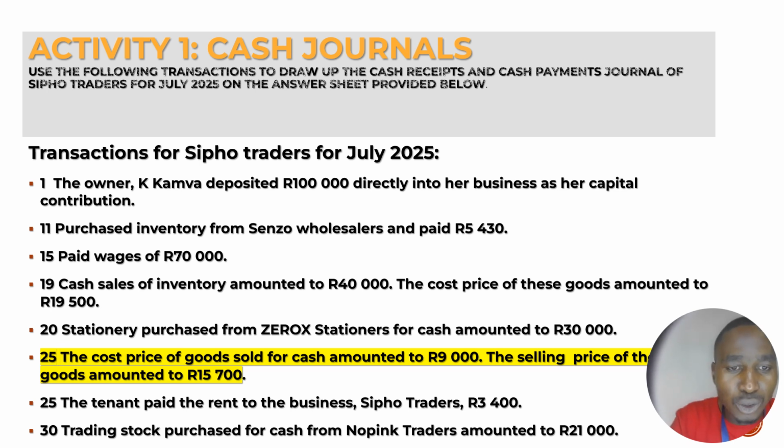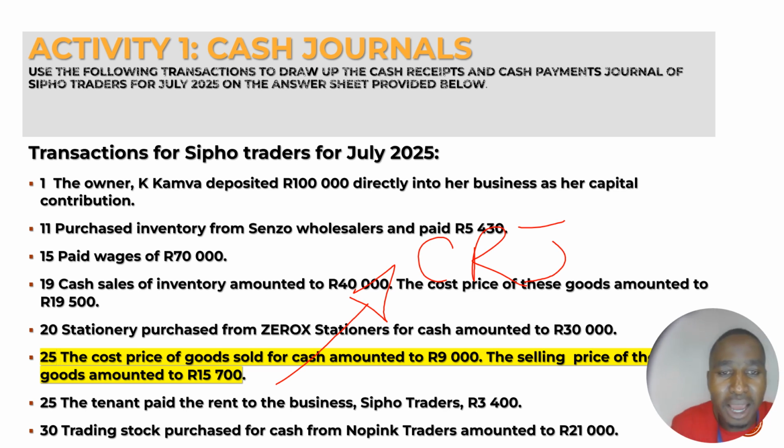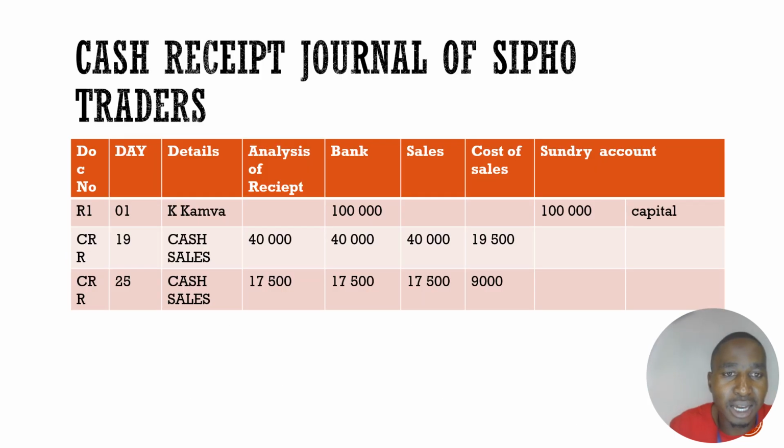So I said to you in the above transaction that we record cash sales always in the CRJ. So it means we'll record in the CRJ. And I said the accounts affected are bank and sales and cost of sales. And we write also under analysis of receipt. Now let's go and record that transaction in the CRJ.